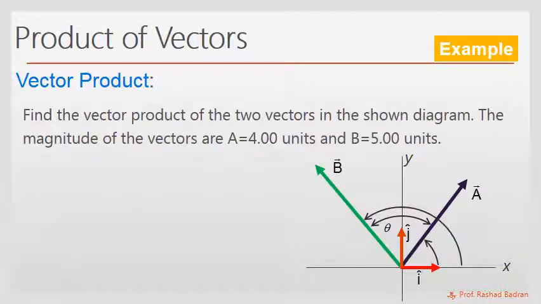In this example, we'll find the cross product of the two vectors a and b, where a has a magnitude of 4 units and an angle of 53 degrees with respect to the positive x-axis in the counterclockwise direction, and b has a magnitude of 5 units and an angle of 130 degrees with respect to the positive x-axis in the counterclockwise direction. Here we're going to find the cross product in two ways.